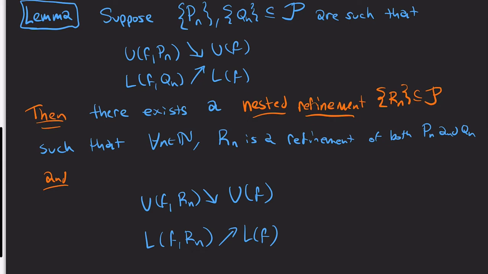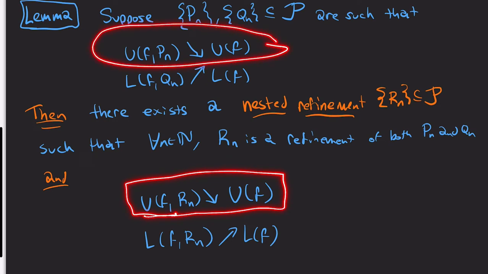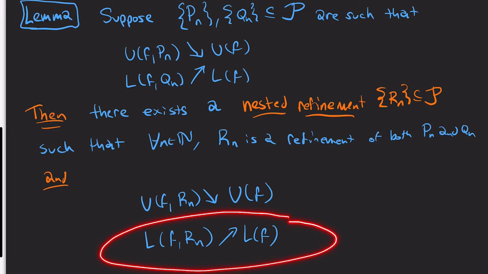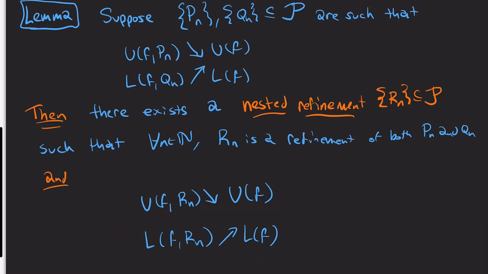If you give me these Pn and Qn, I can always construct a new sequence, Rn, that is a nested refinement, such that Rn is a refinement of both the Pn and the Qn, and finally, that we preserve this property that the upper integral decreases to the upper Darboux integral, and similarly for the lower one.